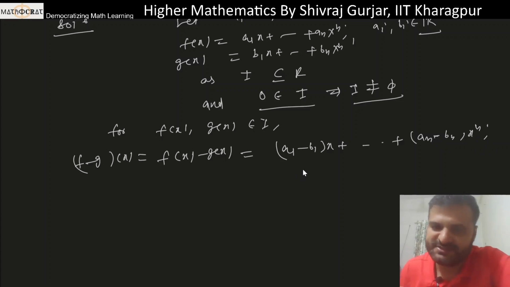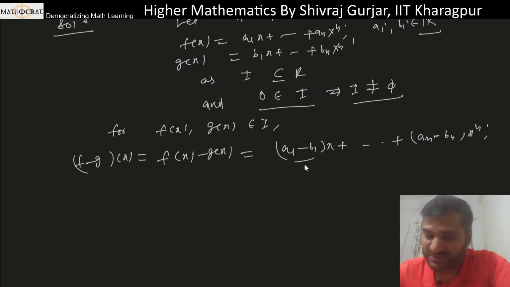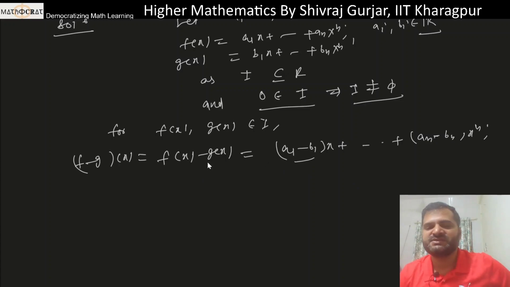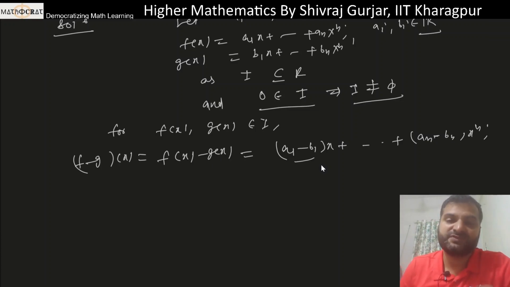We can say like this. This is so because ai and bi are in the real number system, and जो real number system है, the set of real numbers is a ring with respect to addition and multiplication. So (R, +) will be an abelian group, so that's why we can club these ai and bi together. Abelian भी होगा, so we can take it in any order as we please with respect to addition only.